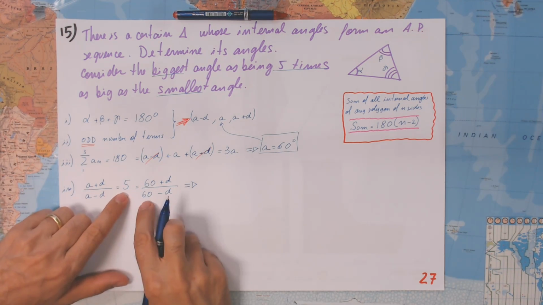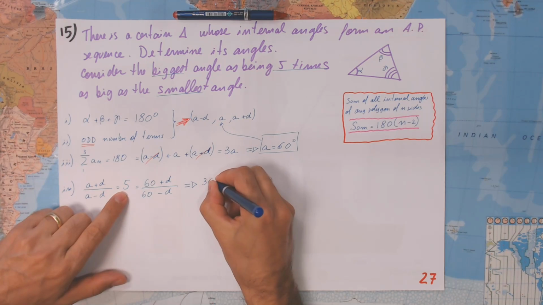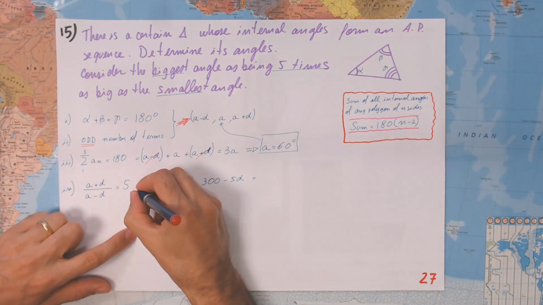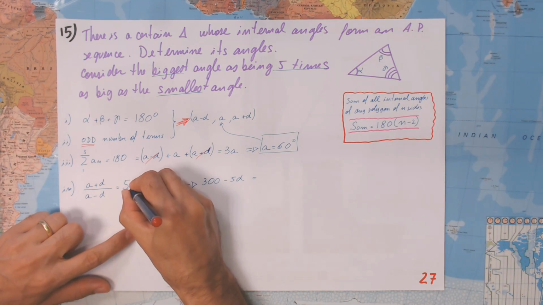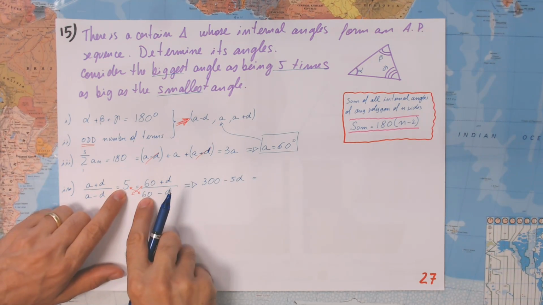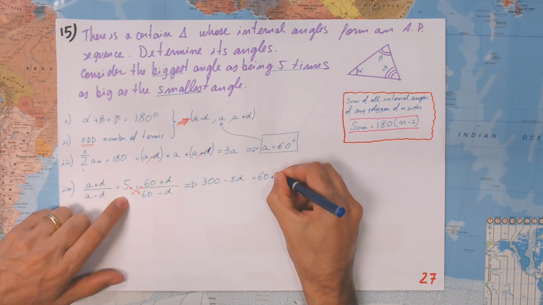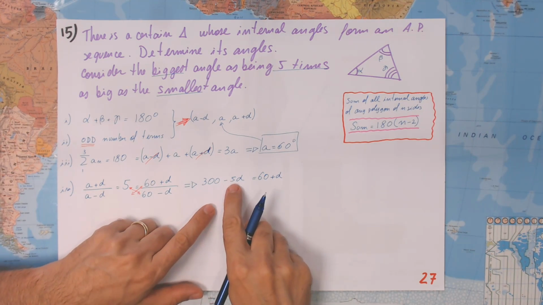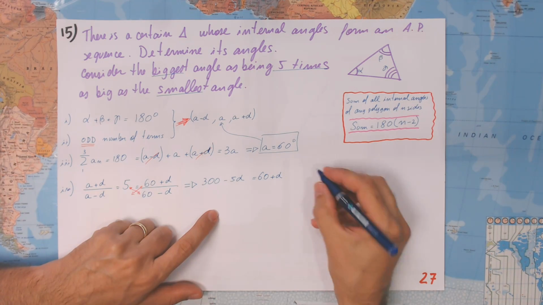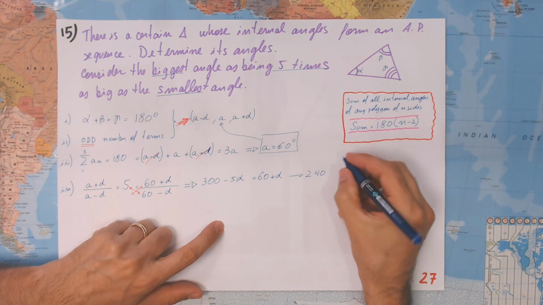Now, 5 times 60 is 300, minus 5D. I'm just making a cross multiplication, okay? So this one times 60, this one times D, and now 60 plus D. Well, I'm going to bring the 5D to this side and the 60 to this one, and it's going to be 240 equals 6D.